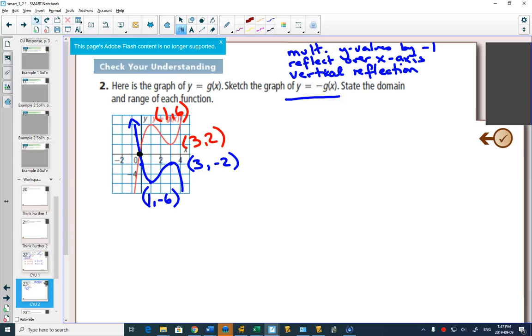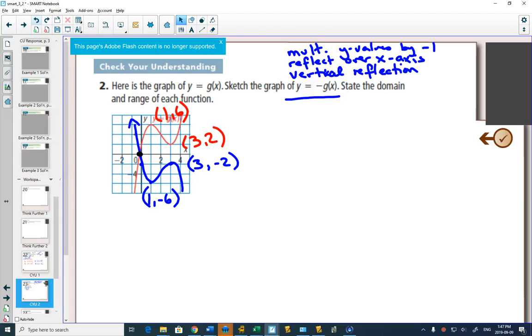So it could be another key point that they're looking for, that that point stays the same. And there might be a question sometime: here's your red graph, if you flip it over the x-axis, where do the graphs intersect? So you have to be aware that they would intersect at that x-intercept.